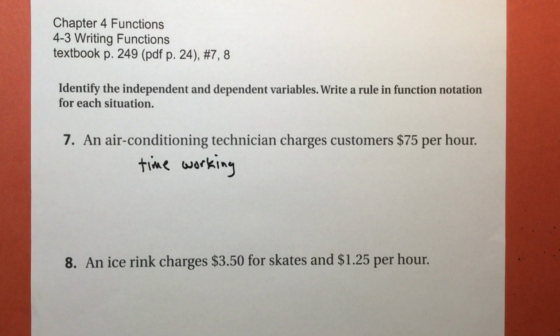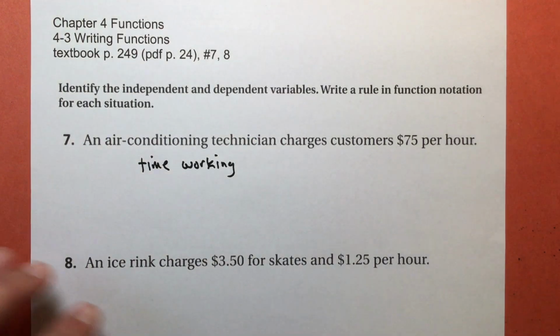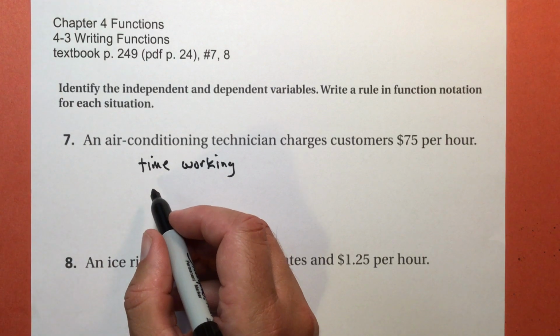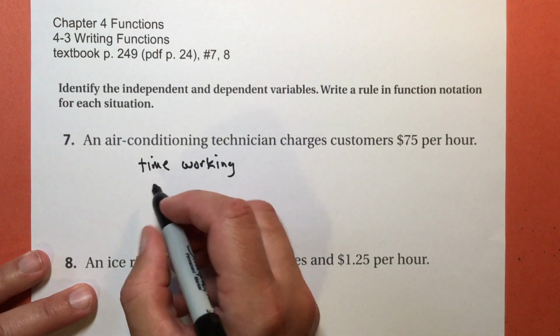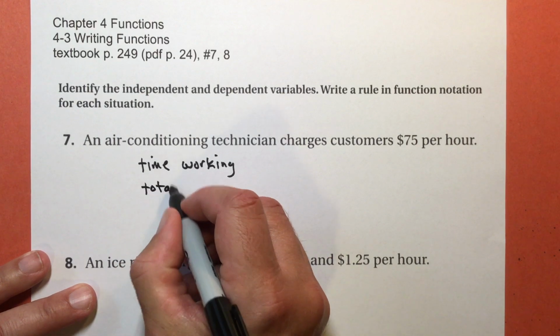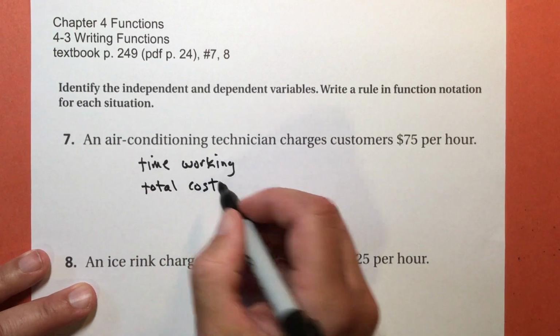Okay, so the tech is doing some work on an air conditioner, HVAC, and that person is going to come back and present a bill and say, here's the number of hours that I've worked. In presenting the bill, that tech has calculated out how much the customer is going to owe, which is going to be the total cost.